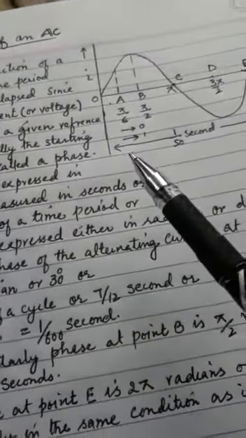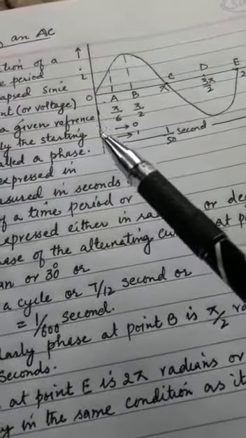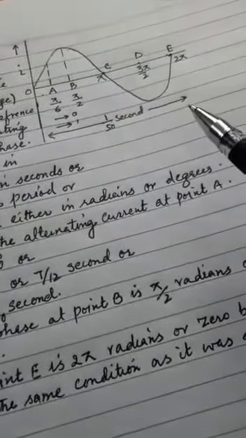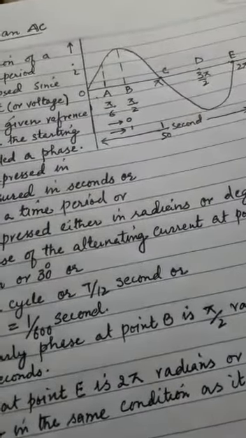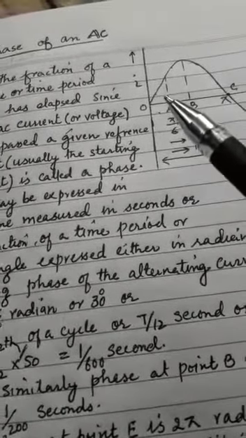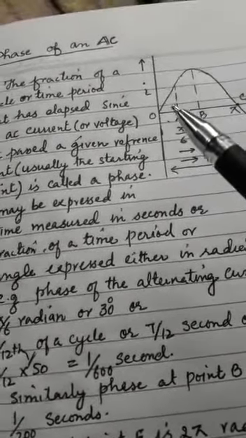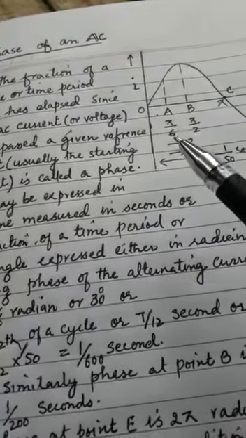We are considering the total time taken from this initial point to the final point equal to 1 by 50 seconds. For example, you are taking this phase of the sine wave at A, that is pi by 6 radian.